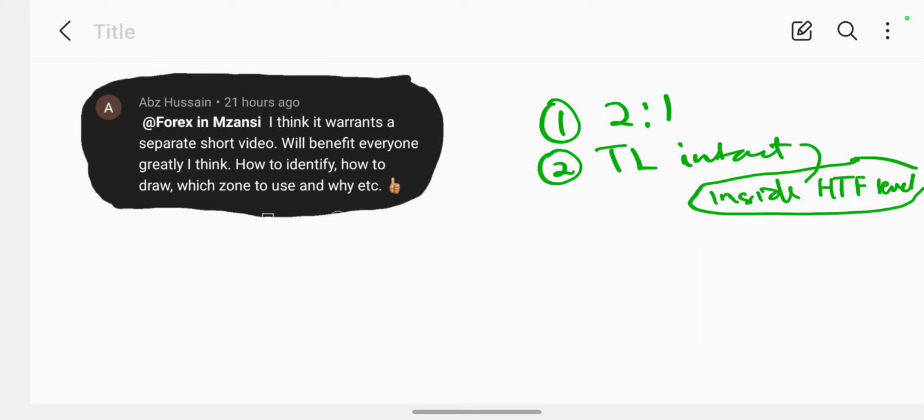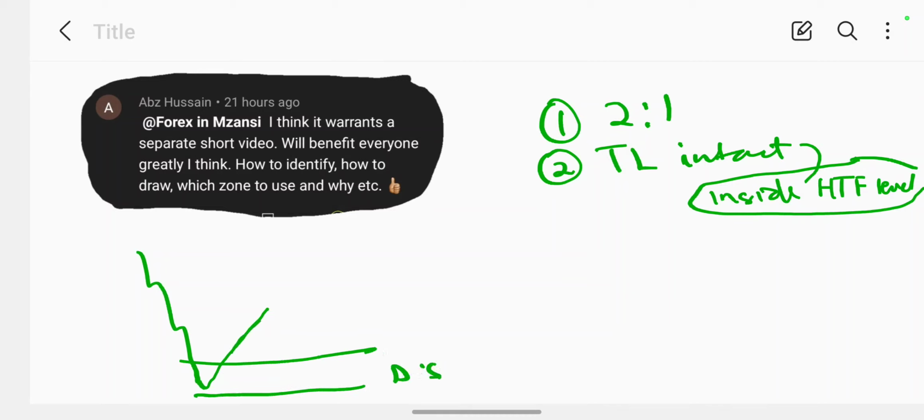What I mean by that is, like yesterday, say the price is coming down on H4 and then it moves up and reacts to daily support, and when it moves up on H4 it does this, which means H4 is now giving you a new trend line, and you do have an H4 level inside here.